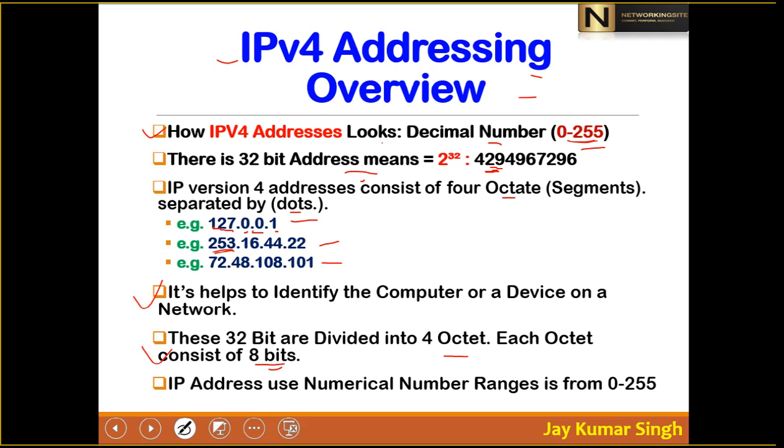Means 8 bits is the limitation of the single octet, and the range of a single octet is 0 to 255. Means in a single box you can assign 0 or any number between 0 to 255, but not beyond that.